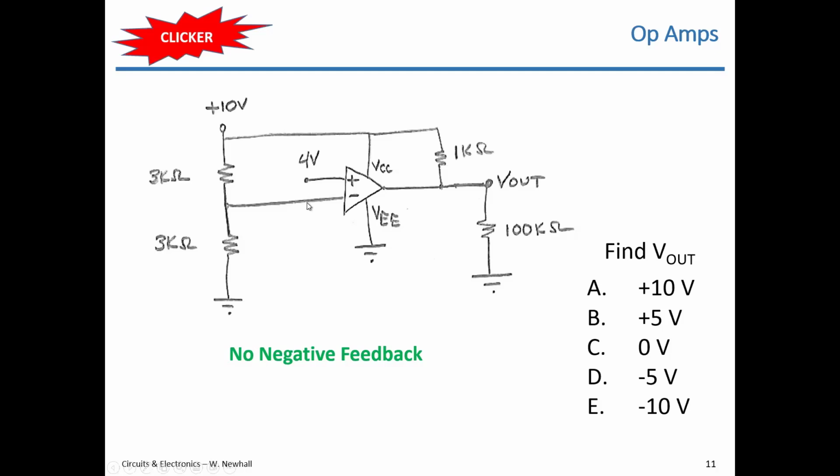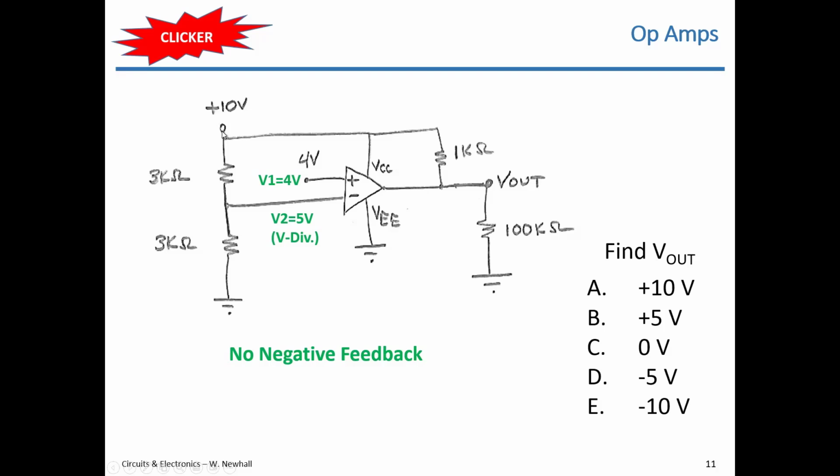So that means we have to calculate the voltages at the op-amp inputs and decide what the output voltage is based on the comparison of those two inputs. Here we have 4 volts node voltage applied to the non-inverting input. So V1 is 4 volts. V2 is determined by voltage division. We have 2 series resistors here, 2 3K ohm resistors, and we're looking for the voltage across this bottom 3K ohm resistor.